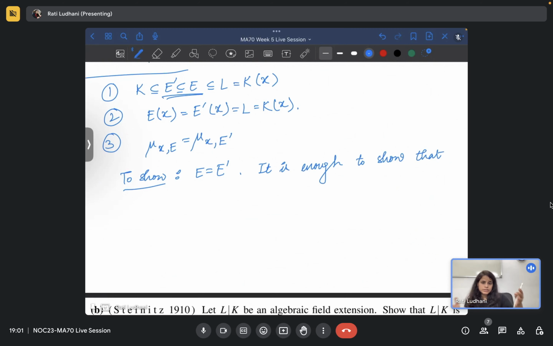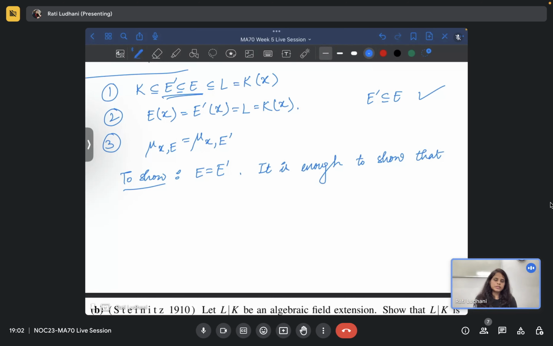So E' is contained in E. If I take any element in E, I'll have to show that it's present in E'. Yes, exactly. But I'm saying some equivalent condition you can prove also. You can prove that if sizes are equal. So if sizes of E' and E are equal, then you are also done.